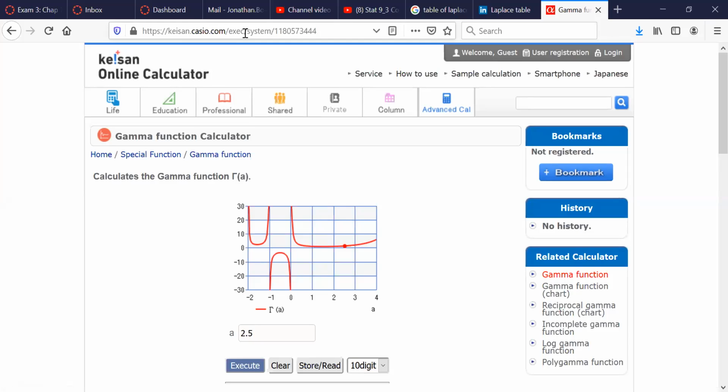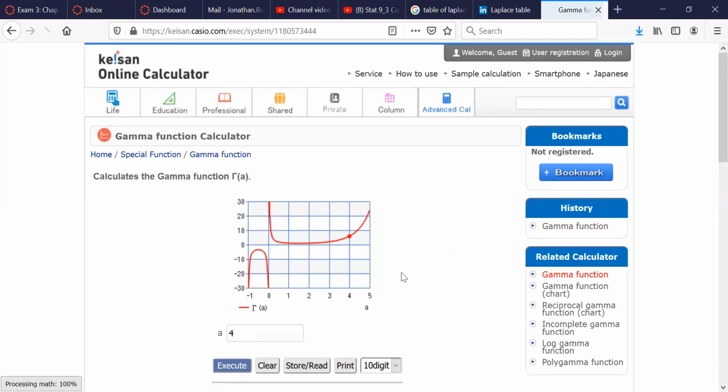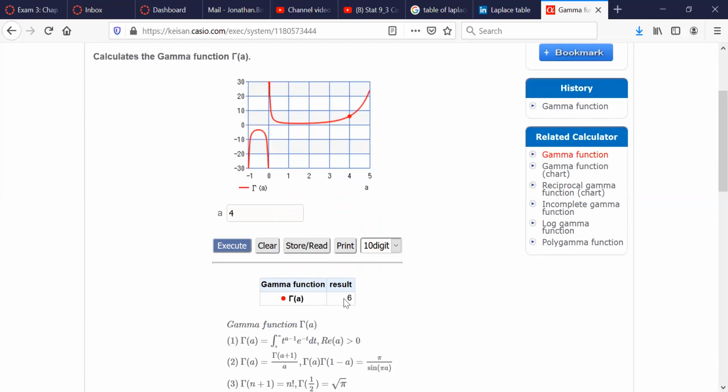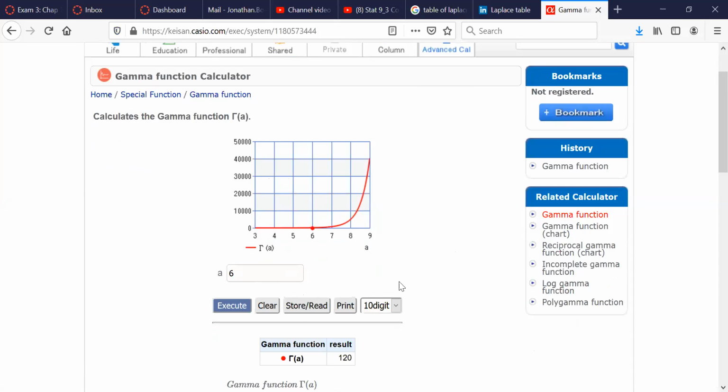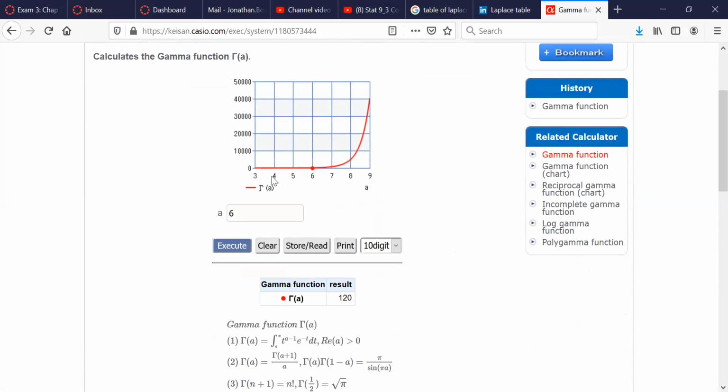And that actually shows you the gamma function. And so you can put in some values here. So if you put in gamma of 4 and execute, we'll see that gamma of 4 is 6. Okay. And let's do gamma of 6. And we'll find out that that should be 5 factorial, or 120. And it even does a graph of the gamma function here.